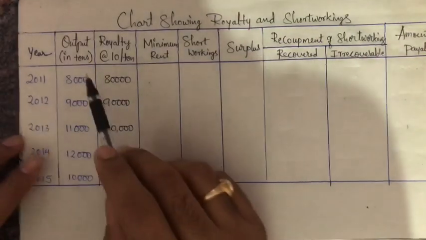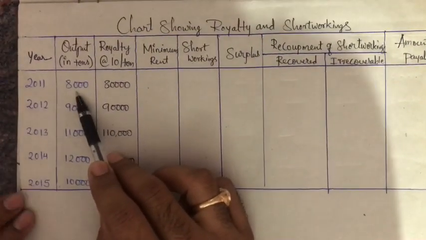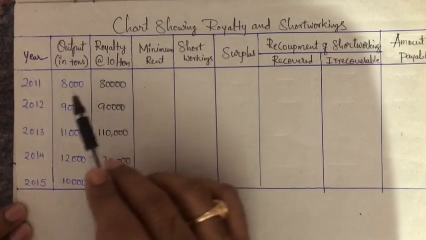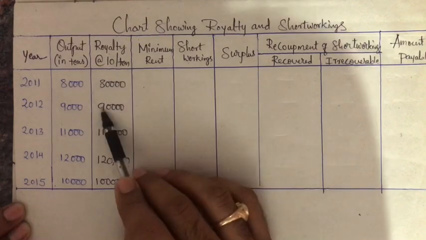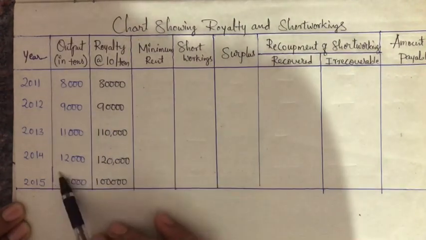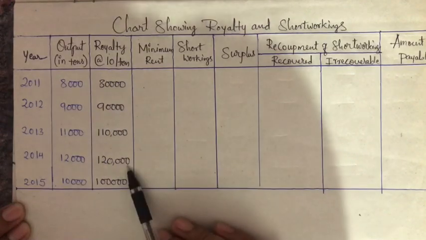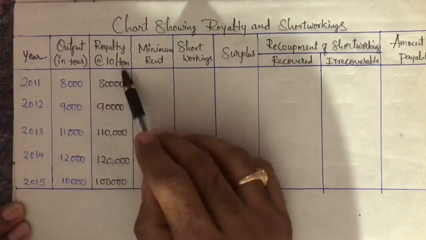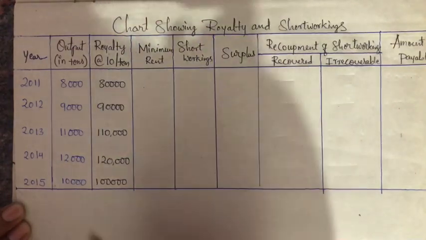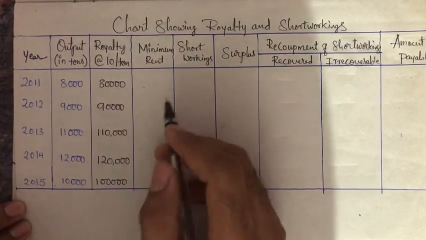We have raised 8,000 units in the first year, so 8,000 into 10 is 80,000. Second year, 9,000 into 10 is 90,000, and so on. 11,000 into 10 is 1,10,000. 12,000 into 10 is 1,20,000, and 10,000 into 10 is 1 lakh. So like this, we have royalties.